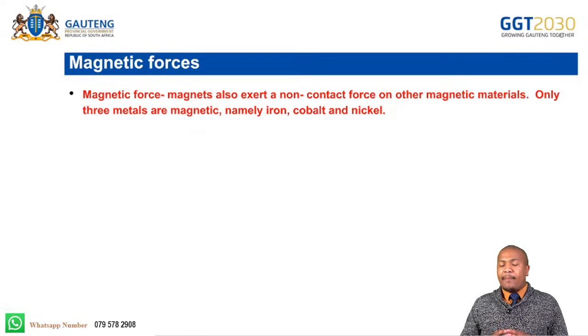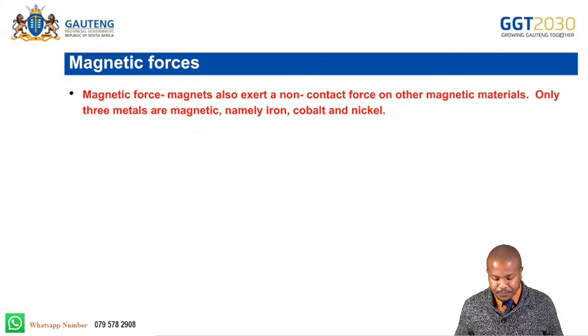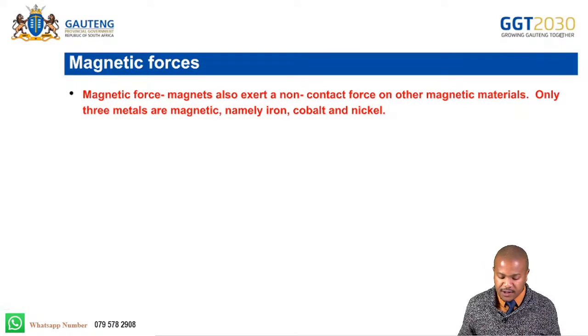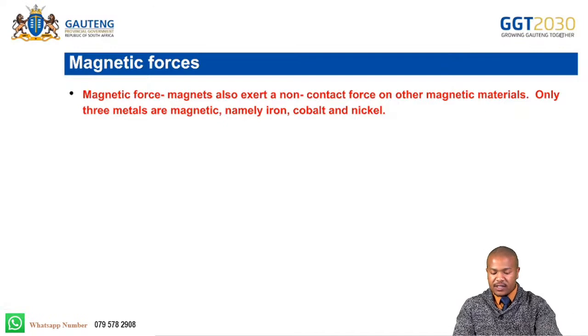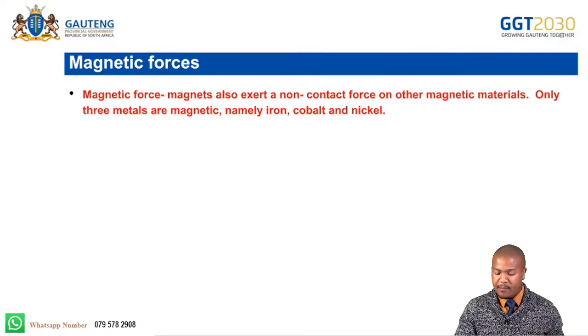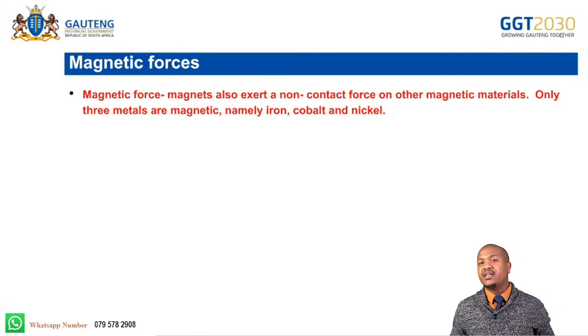When talking about magnetic forces, we're talking about a force that is exerted over a distance by magnetic materials, right? Magnets also exert a non-contact force on other magnetic materials. Only three metals are magnetic: iron, cobalt, and nickel.